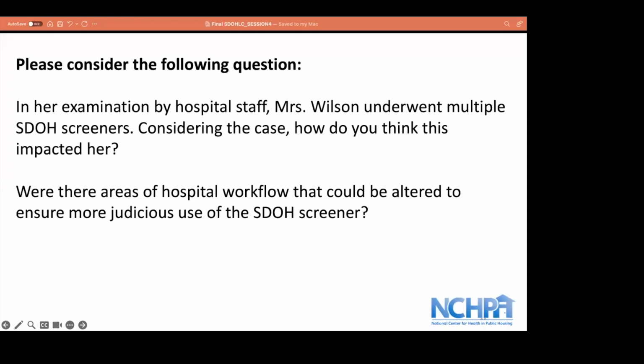Gathering SDOH data throughout a patient's hospitalization needs to be specific as to the timing of where that patient is at. As they come into the ED, their presenting problem is obviously the priority, and gathering data around how that problem may have occurred is important.